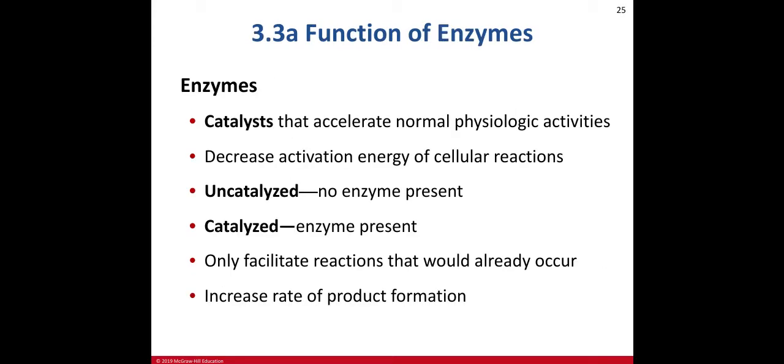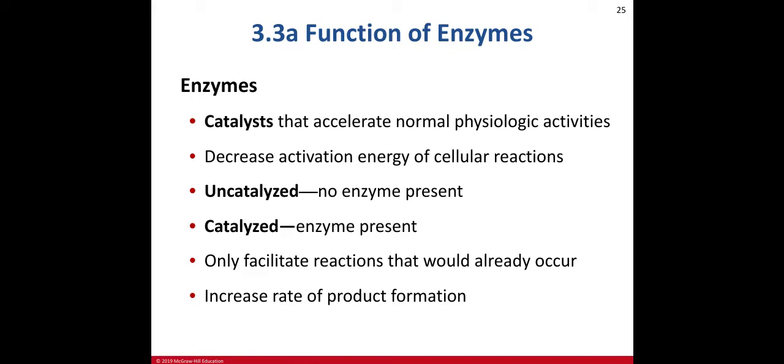So enzymes are catalysts. Catalysts just accelerate normal physiological activities. An enzyme cannot make a reaction that wouldn't normally happen. It is just making a reaction that would happen slowly happen more quickly. It does this by decreasing that activation energy.